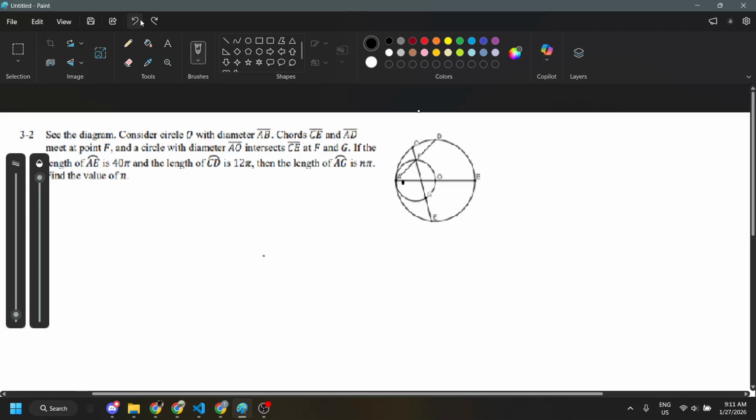The length of that section of this arc is 40 pi. The length of the arc from C to D is 12 pi.